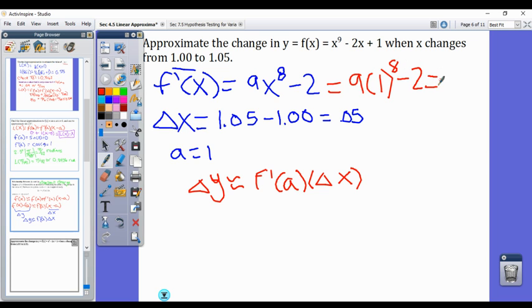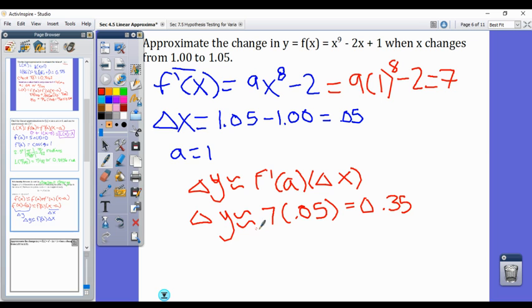In this case, that would be 7. So change in y is approximately equal to 7 times 0.05, which is about 0.35. So my change in y is approximately equal to 0.35. All right, let's do another one.